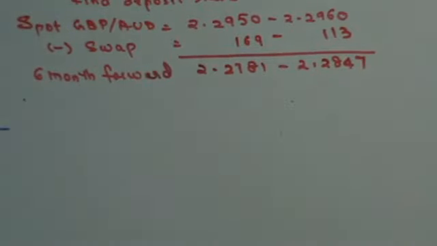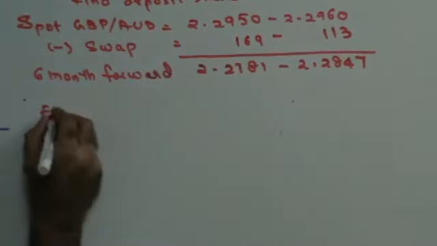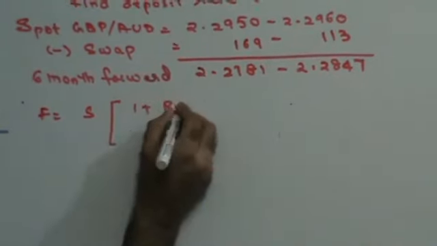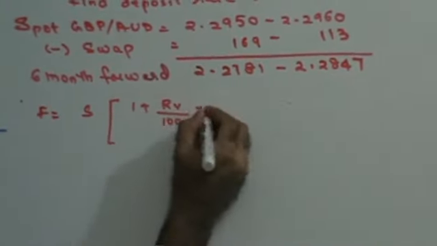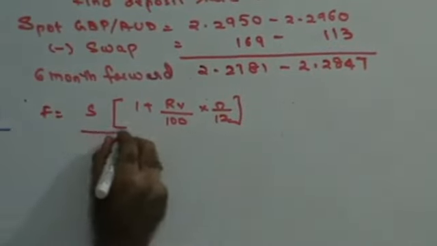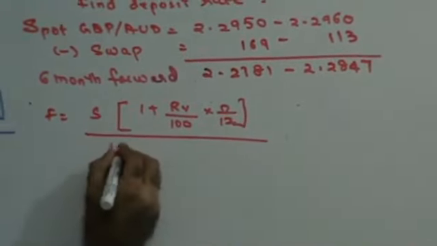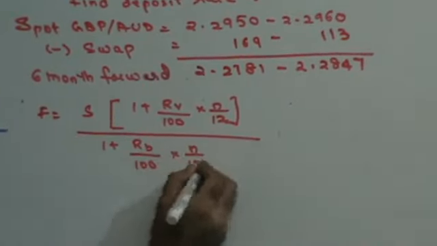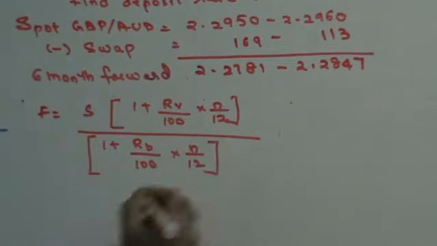Right? Once I have the 6 months forward, then I can use my forward formula. Forward rate is spot rate into 1 plus rate of interest in variable currency upon 100 into n by 12, upon 1 plus rate of interest in base currency upon 100 into n by 12. Now the question is, what rate am I finding out?